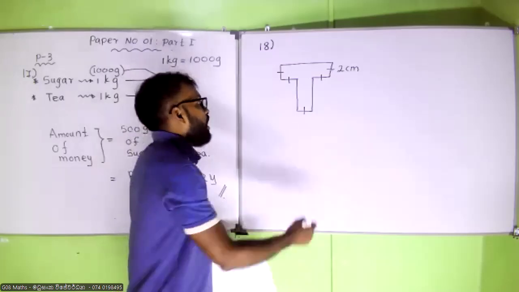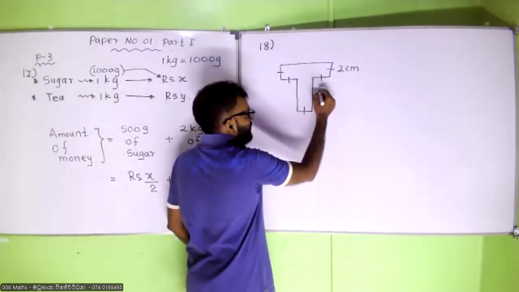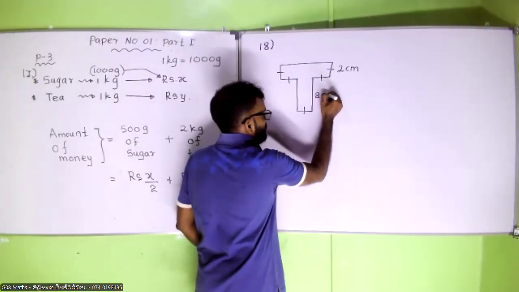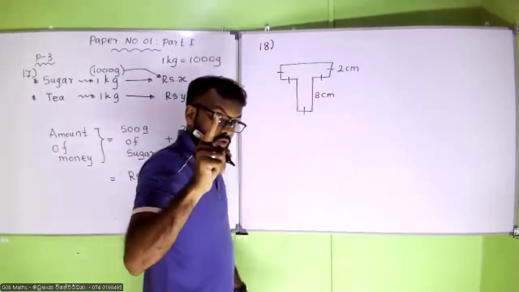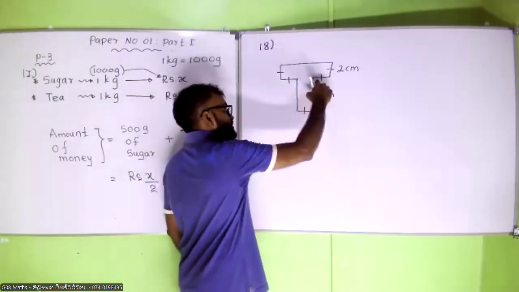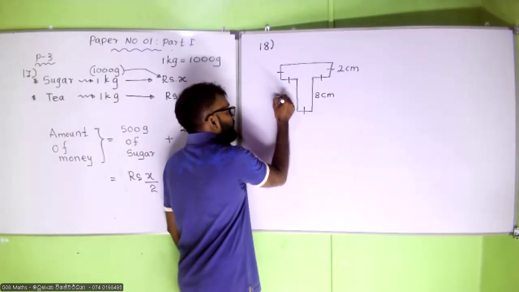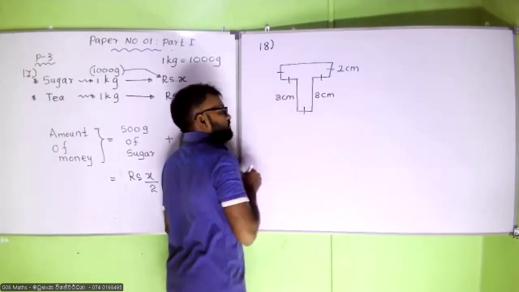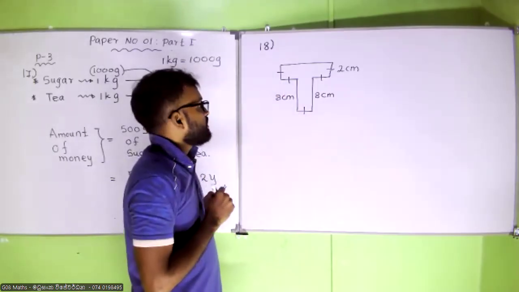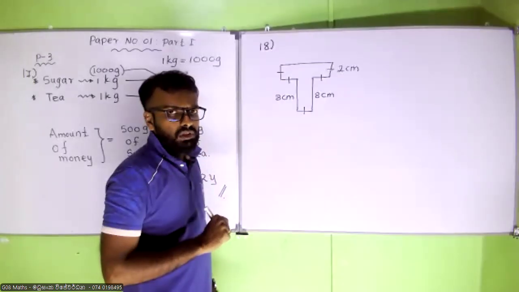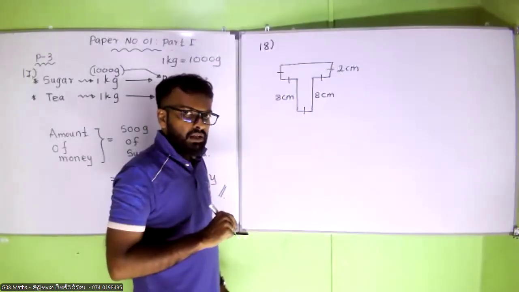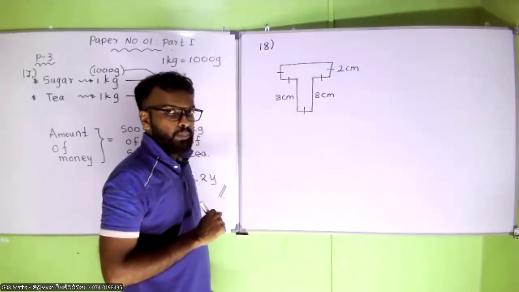Then this height has been given as 8 centimeters. So you need to understand if this side is 8, this side also should be 8. Correct? Right. So now you need to find the perimeter.